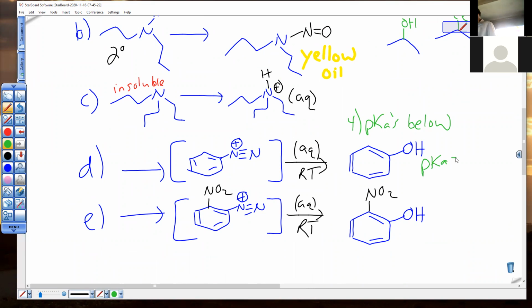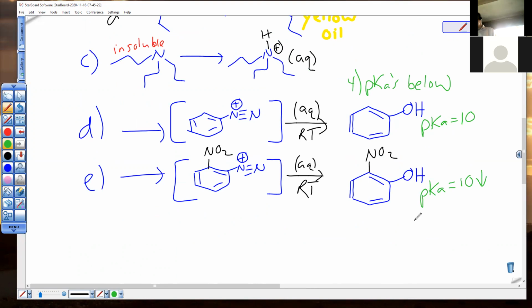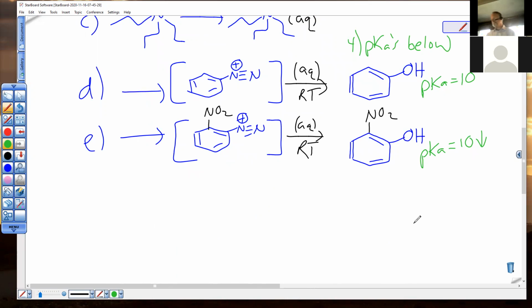It's not a normal alcohol because the O- that you would make by taking the proton off can resonate with the aromatic ring. Brings it all the way down to 10. Here, I would at least expect you to say this, less than 10. Truth is, it goes quite a bit less than 10. I don't know the exact number for ortho-nitrophenol, but I'm thinking it's below 7.